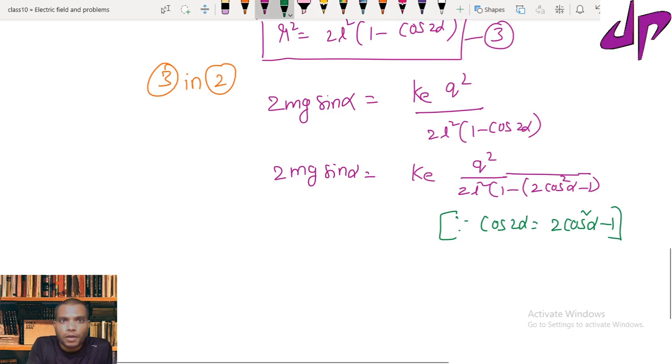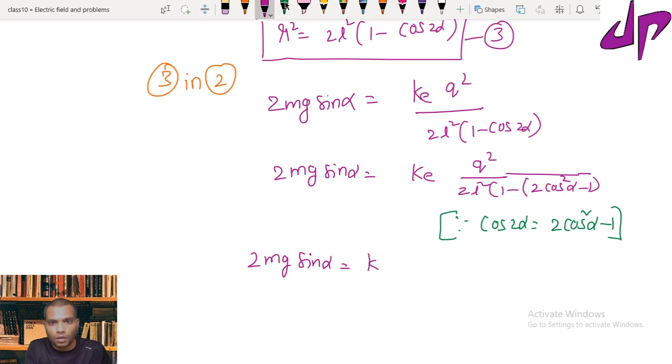Now simplify the above expression. 2 mg sin alpha equal to ke times q square upon 2L square of 2 minus 2 cos square alpha.